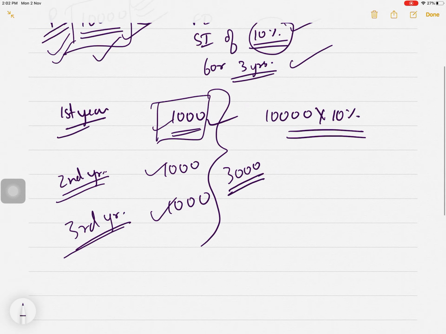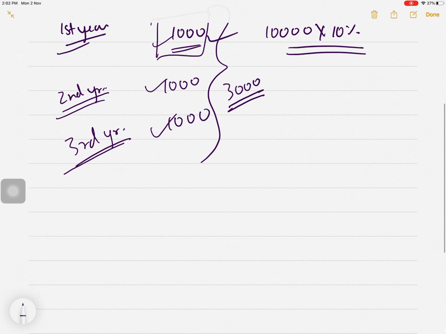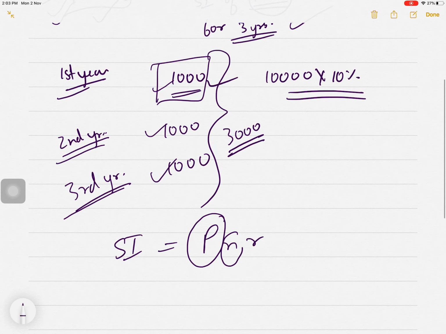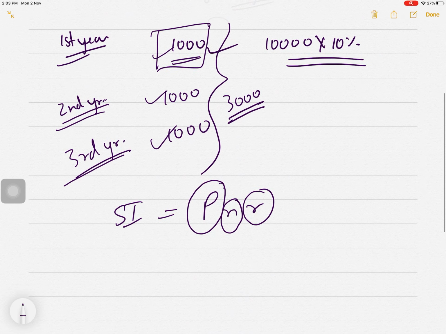So the formula for simple interest is P into N into R. P is the principal, N is the period, and R is the rate of interest.